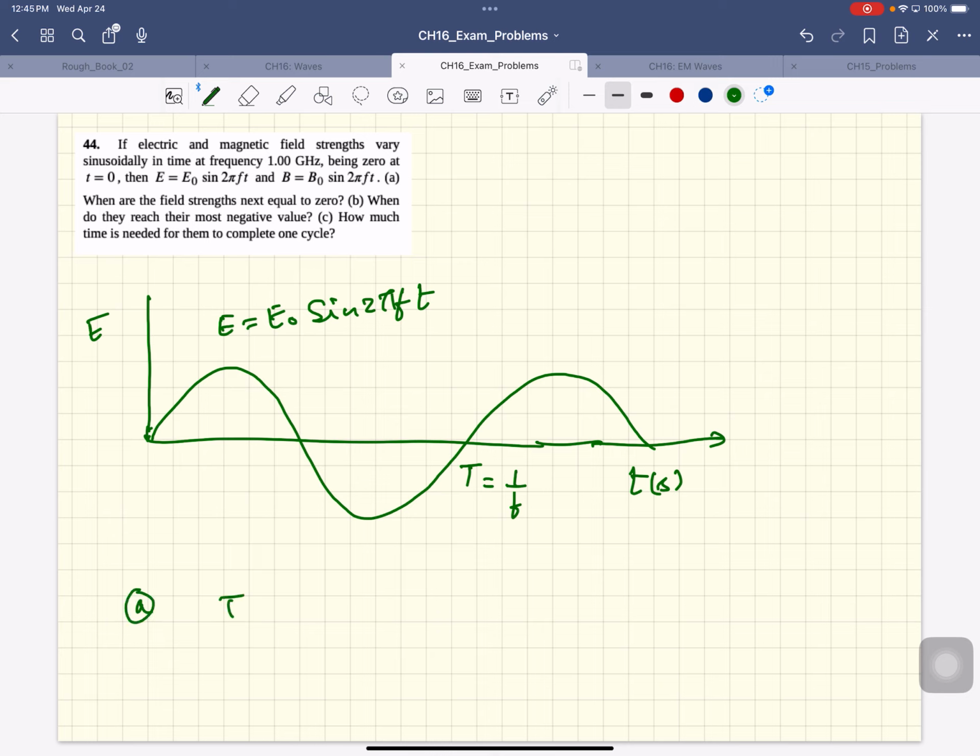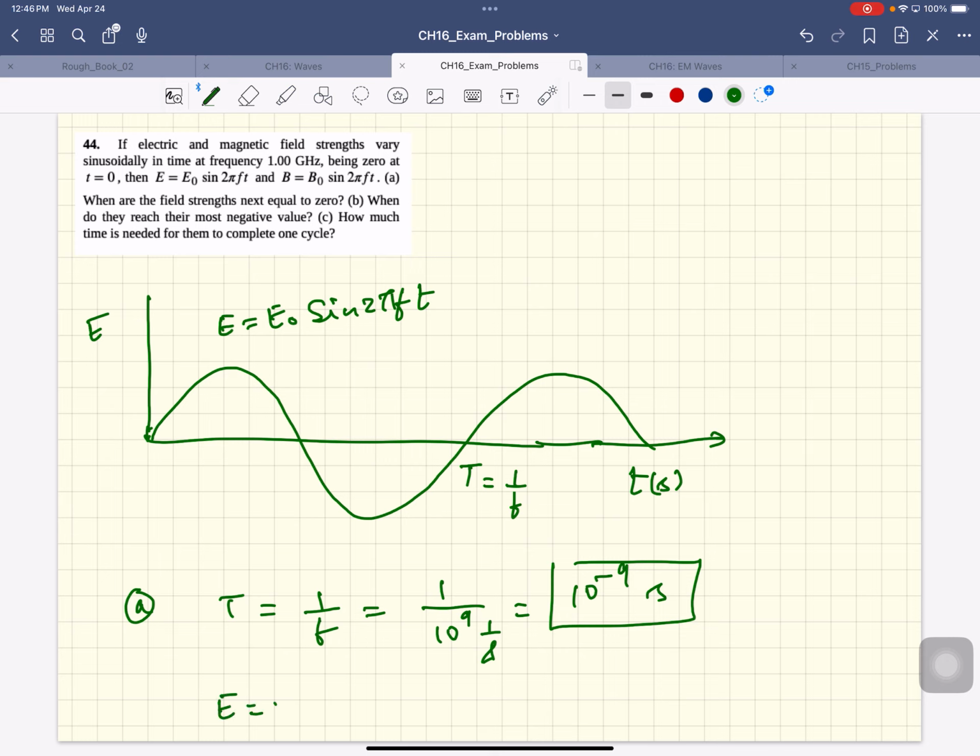So period is 1 over frequency, which is 1 over 10 to the 9, 1 over second. Hertz is 1 over seconds. So that's 10 to the minus 9 seconds. So the period is that.